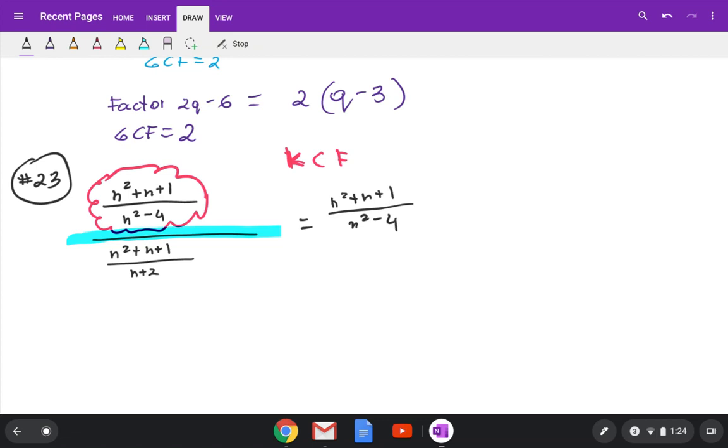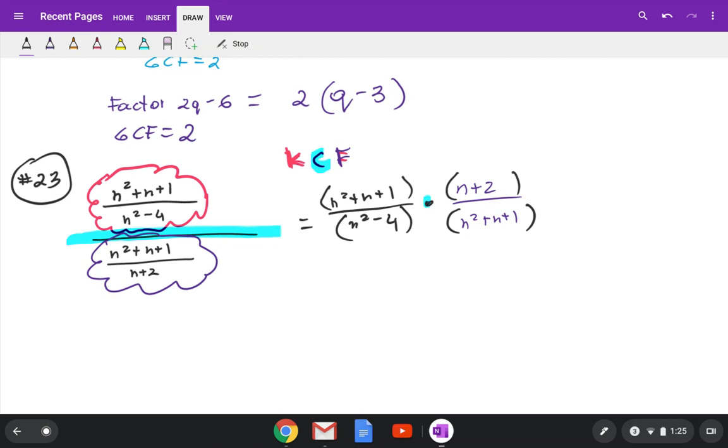Then change will be change division to multiplication, okay? And flip will be flip this fraction. So n plus 2 goes on the top, and n squared plus n plus 1 goes on the bottom. And now we're going to multiply, and multiplication is always easier than division.